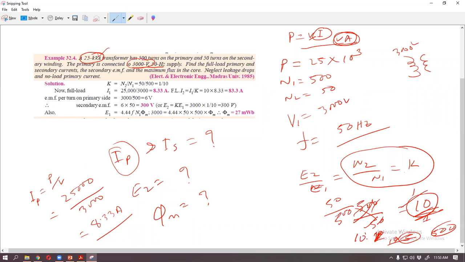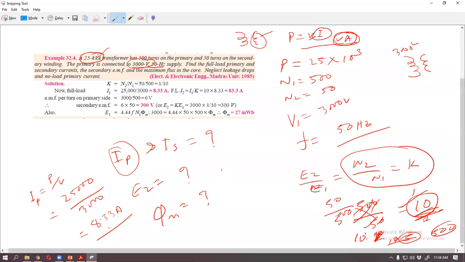And you know that the transformation ratio is 10. So if this is the primary current, the secondary current must increase, because this is the step down: current increases, voltage decreases. If turns increase, voltage increases, so current decreases; and if voltage decreases, current increases. So the secondary current must be into 10.